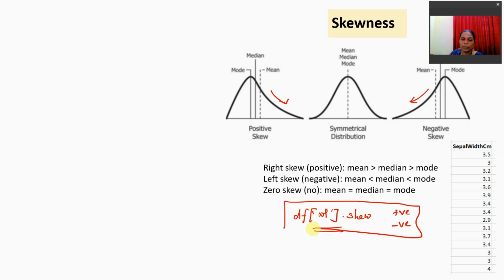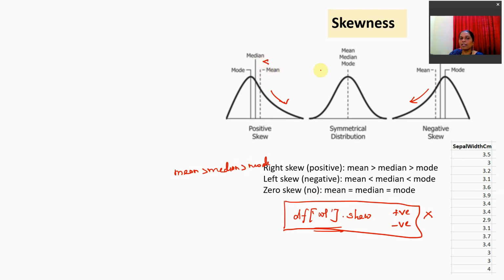Apart from doing that, I need to do the calculation. I need to calculate the mean of that particular column, and then the median of the particular column, and then the mode of the particular column. If the mean value is greater than the median value, then automatically it is a positive skewness.